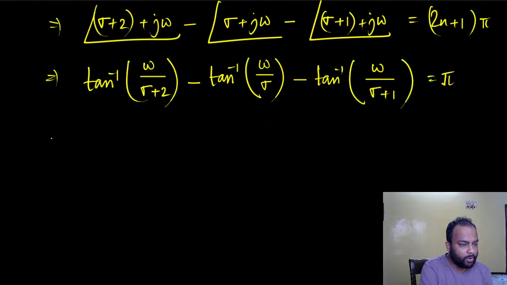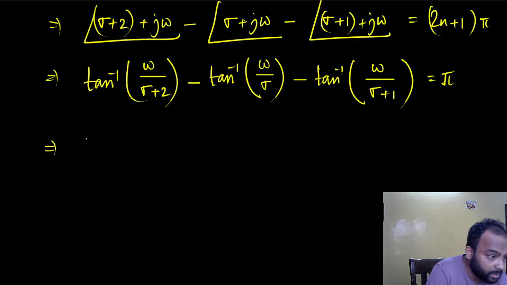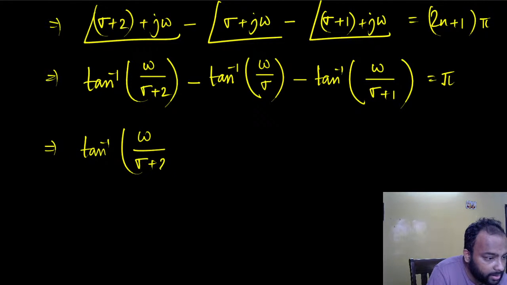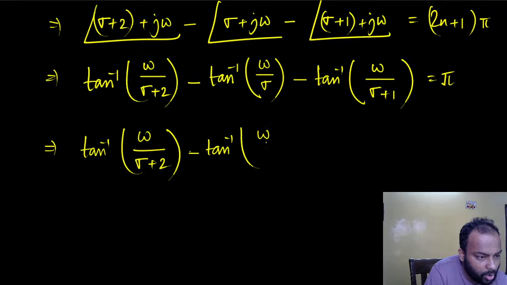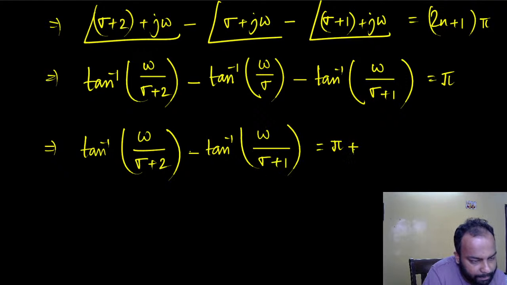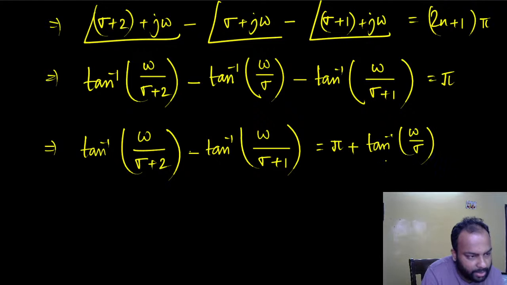All right, so now we have to do a little bit of calculation. Let's write tan inverse omega, clever calculations now. Tan inverse omega by sigma plus 1, and that's pi plus tan inverse omega by sigma.